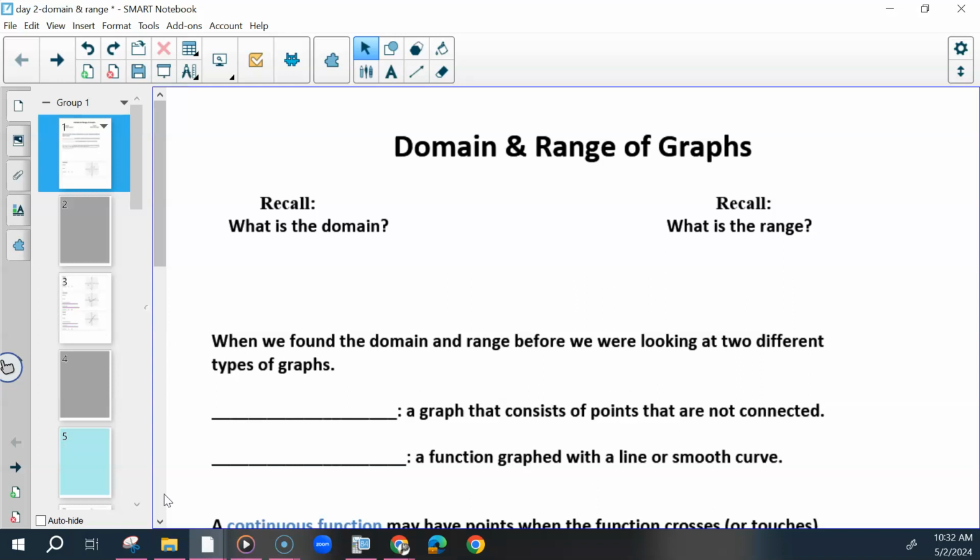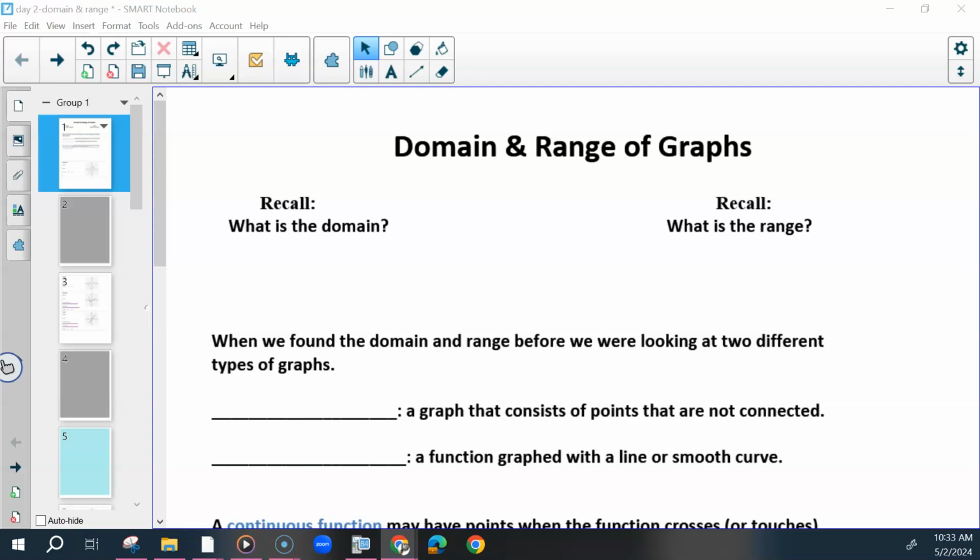Alright, look at the notes on your desk. This is going to be some review of what we talked about last class, but also domain and range.